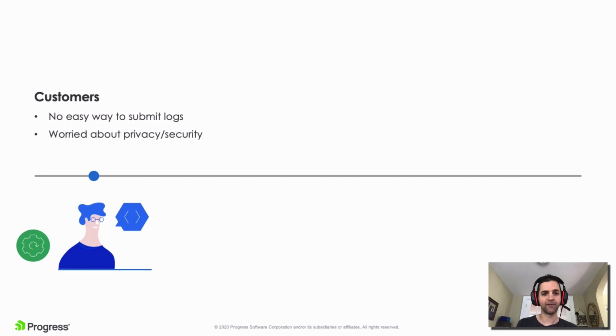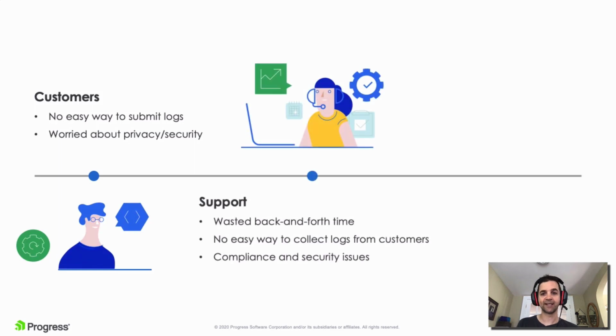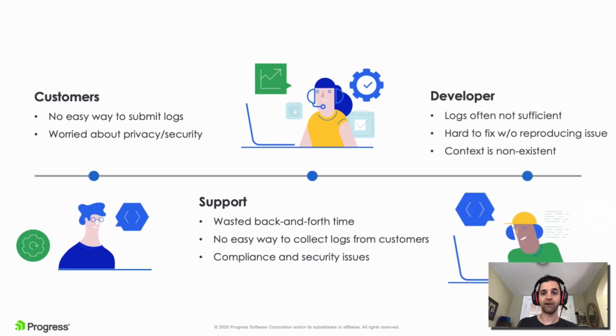And they're worried about privacy and security of their data. And support teams waste a ton of time with that back and forth between them and the customers. Just collecting log files is like pulling teeth, right? And there's loads of internal compliance and security issues they also need to work around. Finally, developers, we don't have much to go on due to a lack of information and inability to replicate issues with the scarce amount of info that we have on hand.